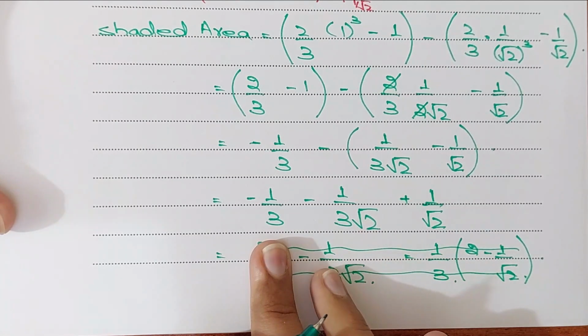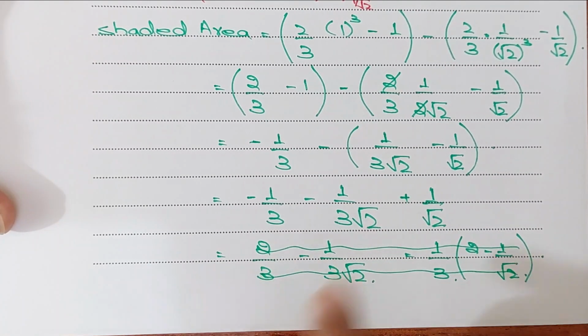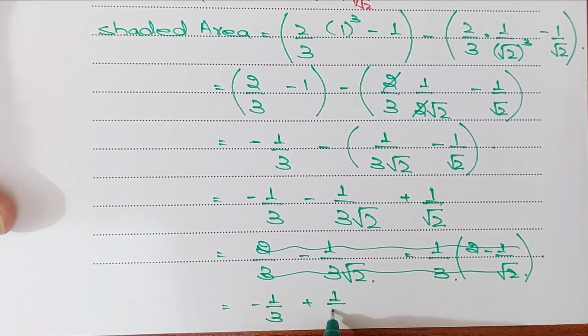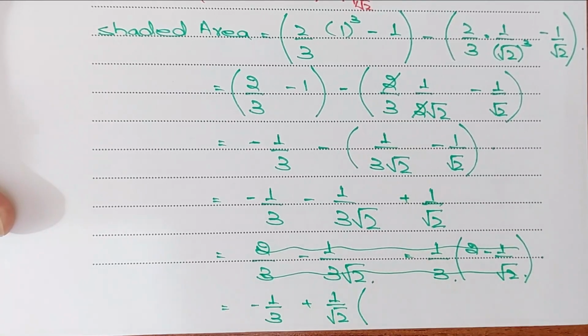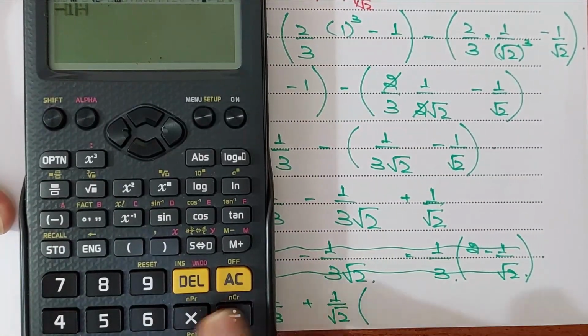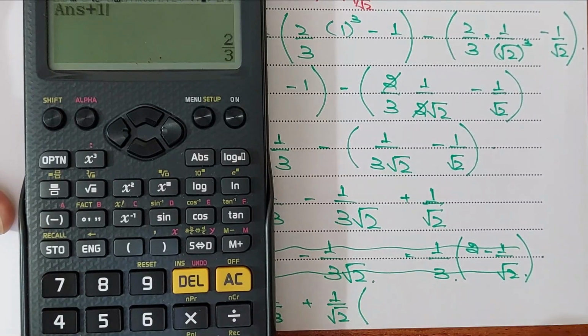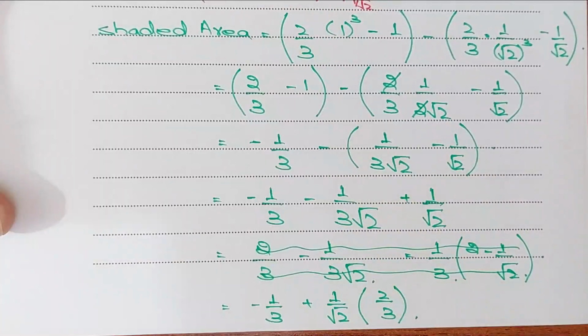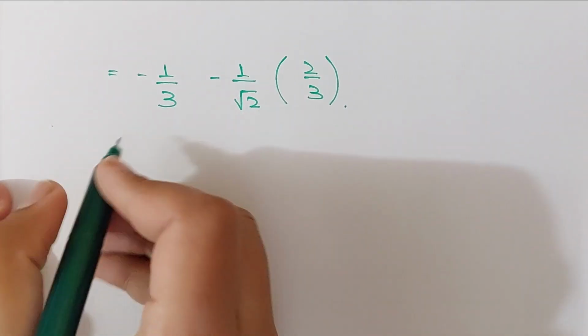Instead of this step, we need to simplify the square root terms. First, minus 1 by 3 is outside, plus 1 over square root of 2. Minus 1 by 3 and plus 1, this is 2 by 3. Let me simplify this further.